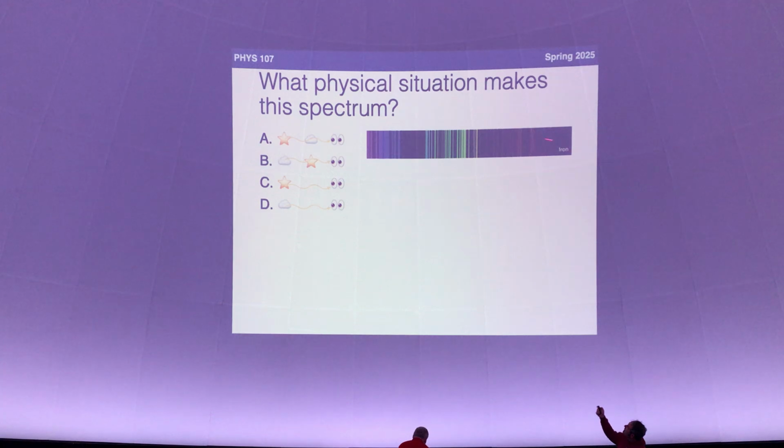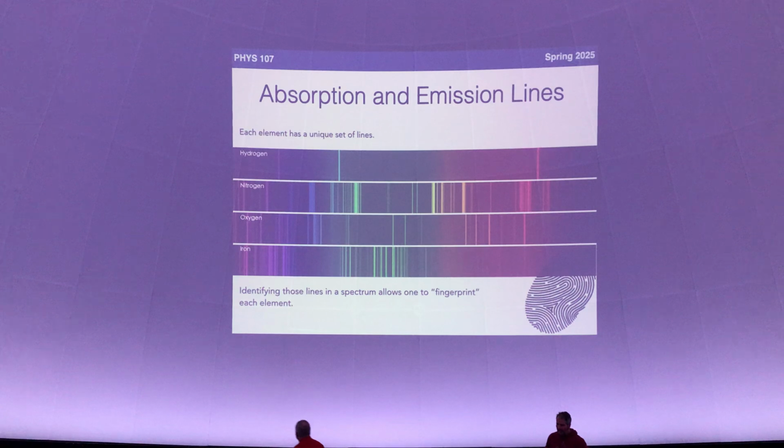So if we're seeing this pattern, loads in the blue and ultraviolet, a bunch of the green, and a few red lines here, then we know it's iron. So we can fingerprint iron that way. Hydrogen, nitrogen, oxygen, iron all have different patterns of steps the electrons are allowed to be in, and so they have slightly different or massively different patterns of these emission lines.